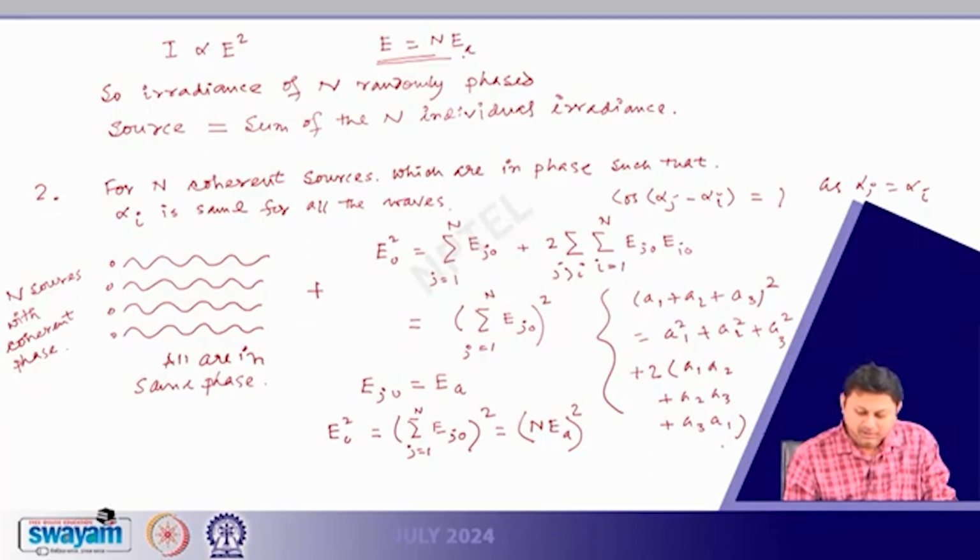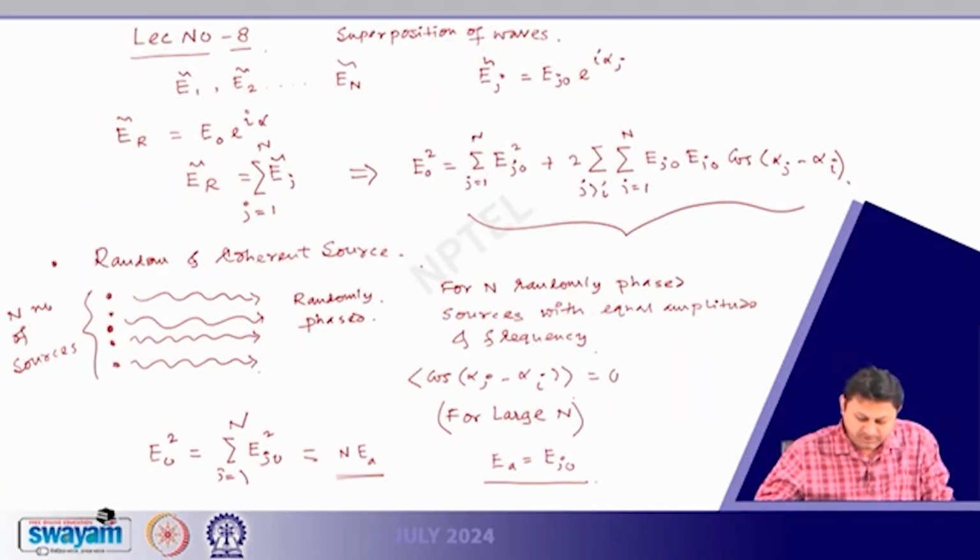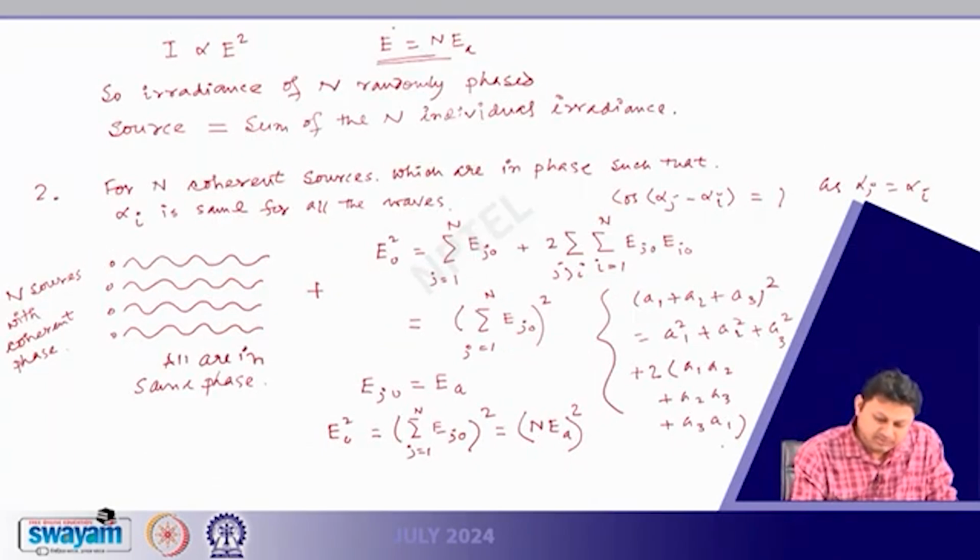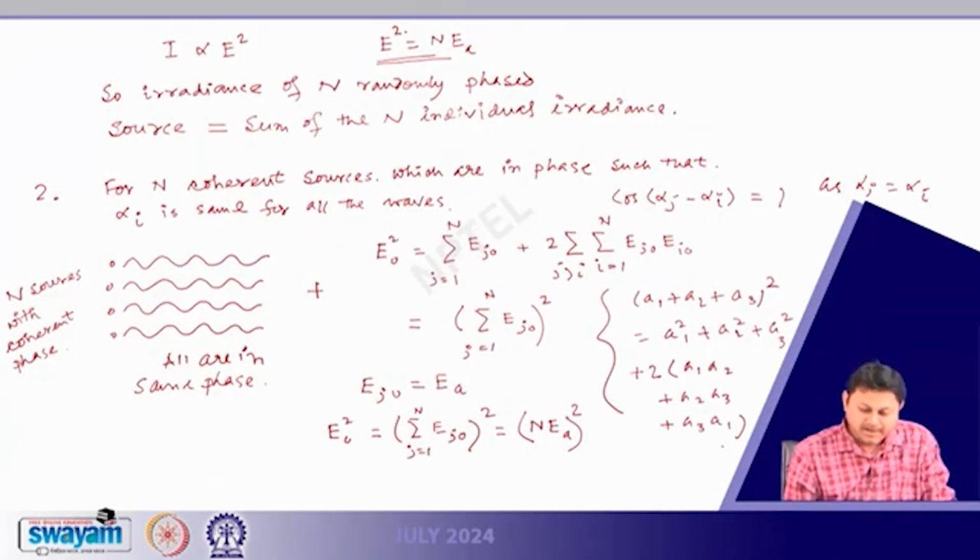In the previous case what we get for E0 square is n times Ea square, and here we get E0 square equal to n square into Ea square.